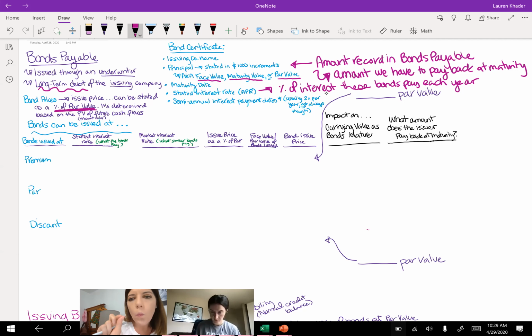The relationship of these 2 interest rates is going to influence the issue price and how much we issue these bonds for. The issue price is important to know because it is how much cash we're receiving when we issue the bonds. And it's based on this relationship between the stated interest rate and the market interest rate.